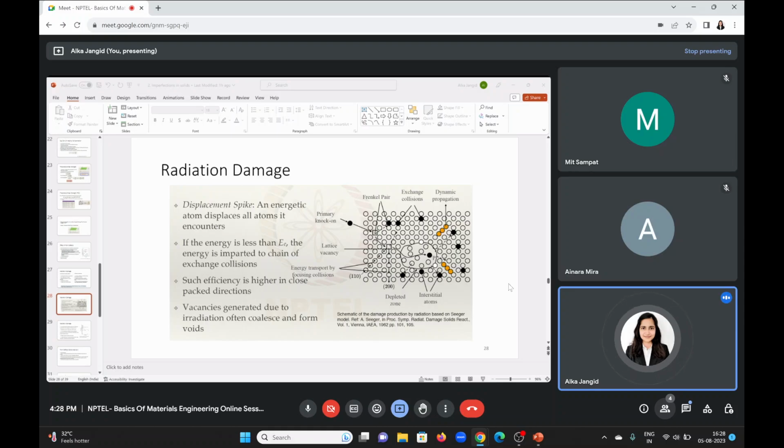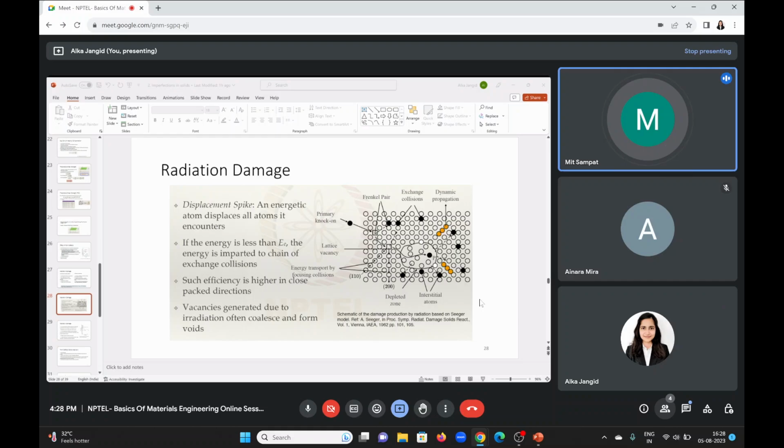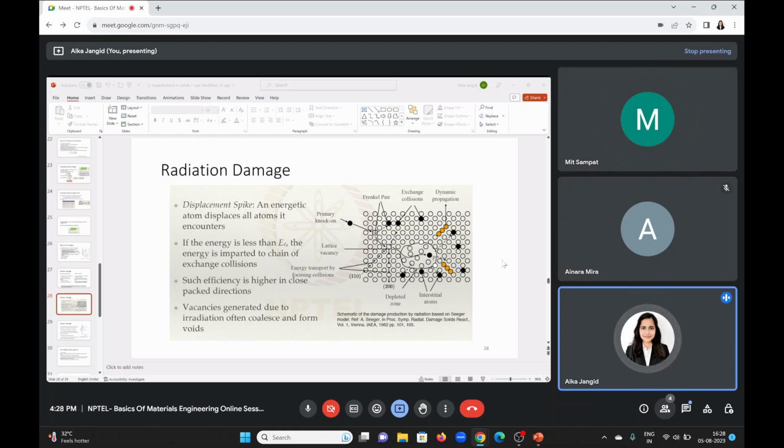See, single crystals are not used much in industrial applications. But if you are designing, for example, a jet engine or something like that, where we deal with high temperatures, then we go for single crystal. Sir told us that steam turbine blades are made of this. Because it is dealing with high temperatures, you want to avoid the coarsening of the crystal.